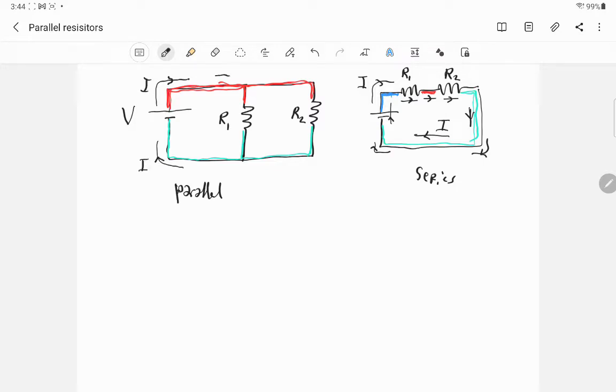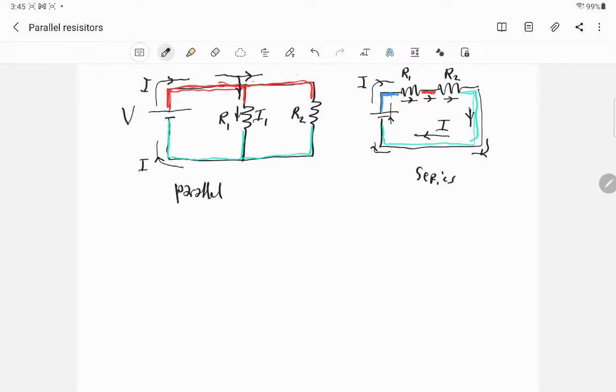But when this current gets here, at this junction, it actually can split into two parts, which is a lot like the highway example I gave in a much earlier video. So this current goes through this resistor. Maybe I'll call it I1 because it's the current that goes through resistor number 1.